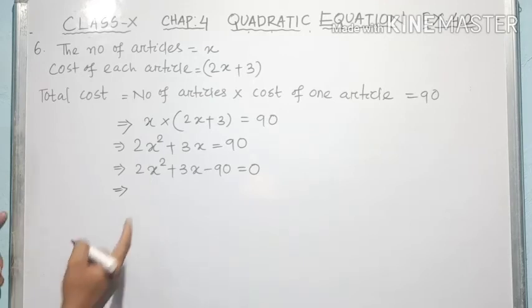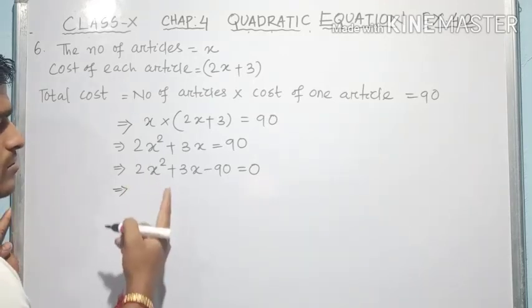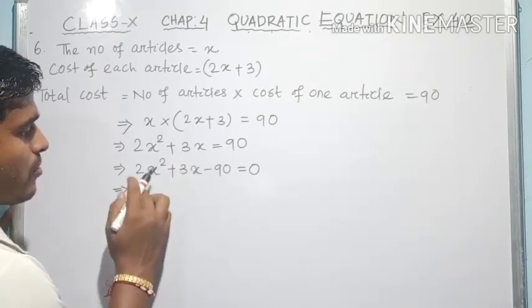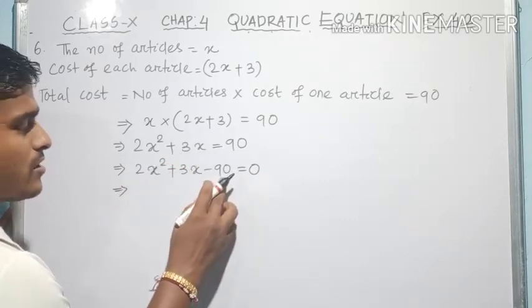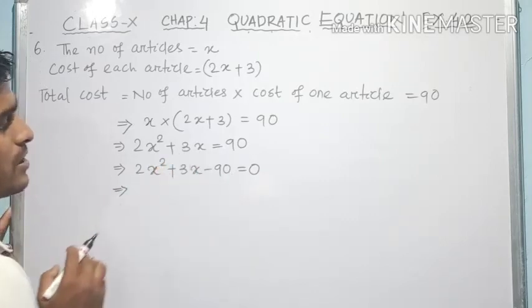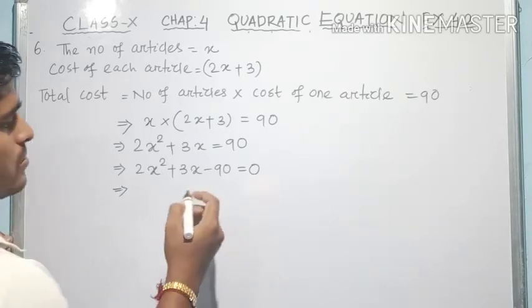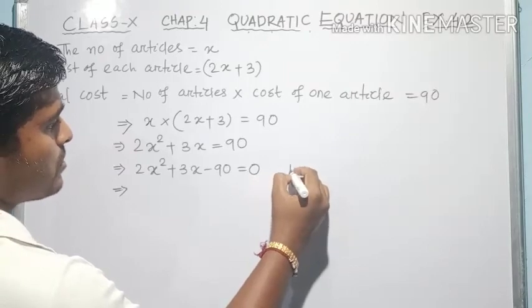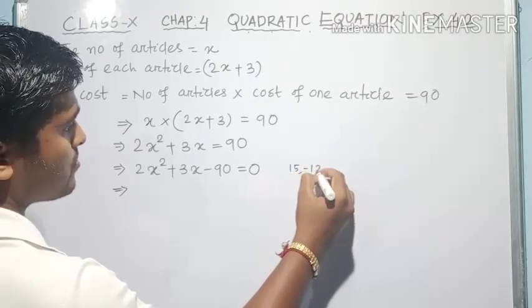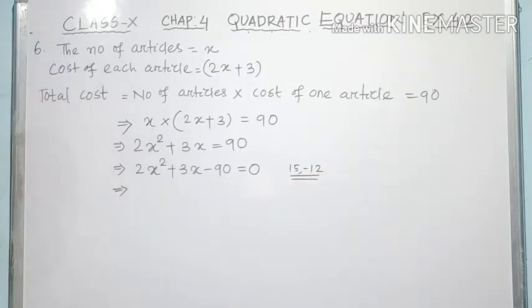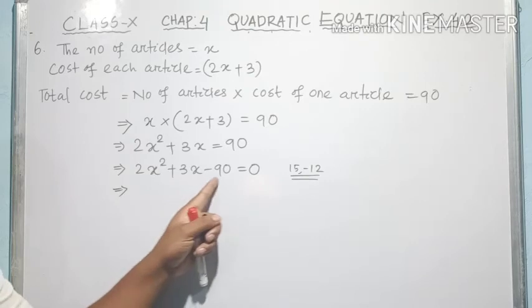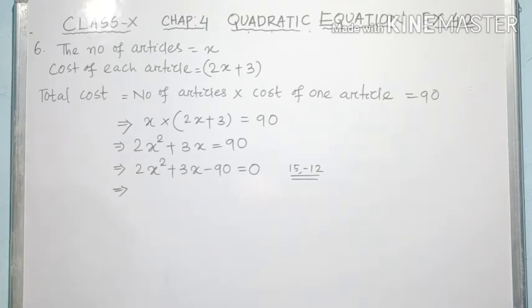So on factorizing, we have to see that the product will be minus 180 and their sum will be 3. So the two possible integers are 15 and minus 12. You can verify also by doing the prime factorization of 180.